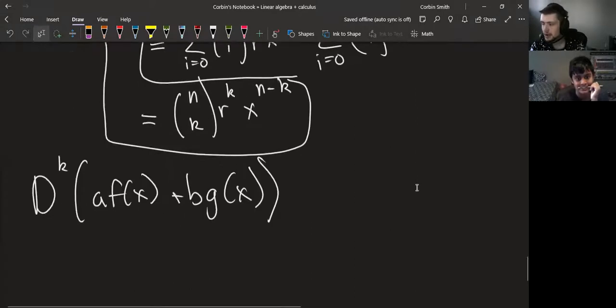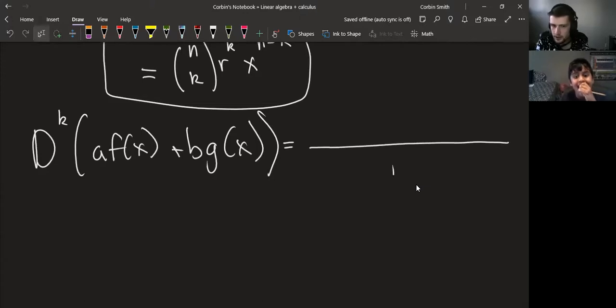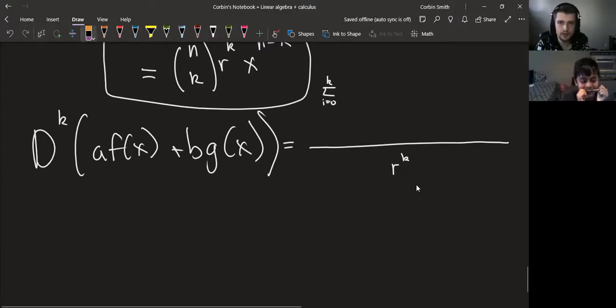Okay, so this is equal to, so we're doing all of it divided by r to the k. We're going to have the sum from i equals 0 to k of... actually, we can just do it this way.